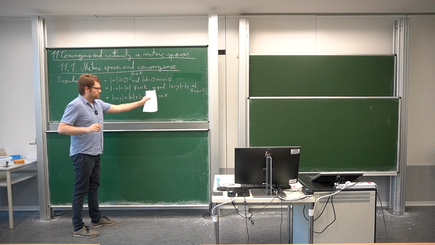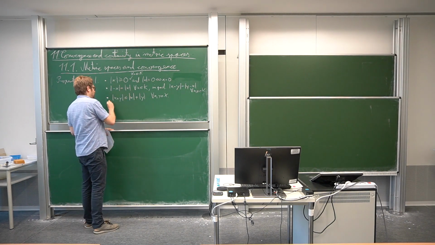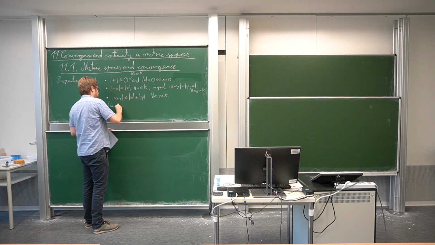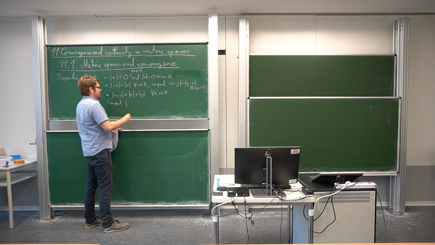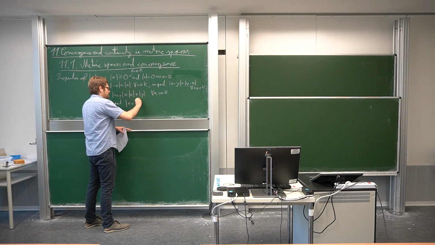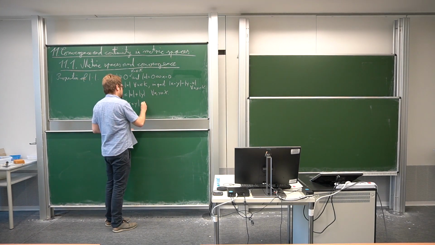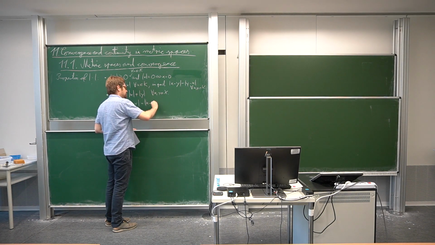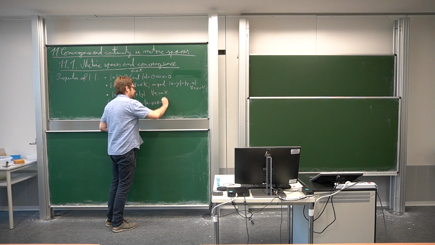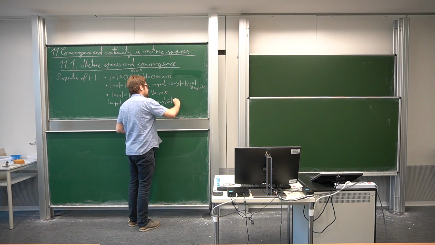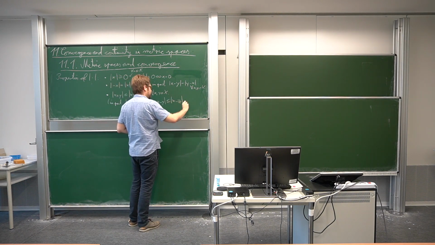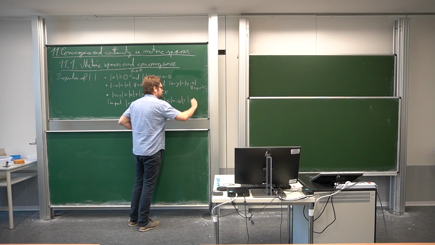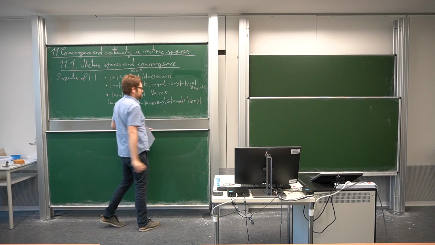Now, if we study those differences, we often use this in the following form: if we have the absolute value of x minus y, we could write this as x minus z plus z minus y, something we did loads of times, and use the triangle inequality to estimate this from above by the absolute value of x minus z plus the absolute value of z minus y.